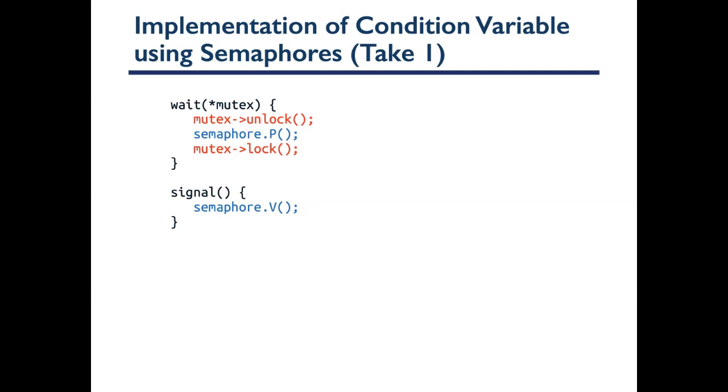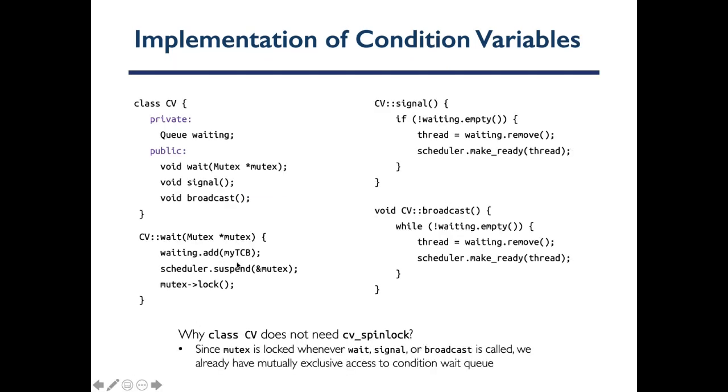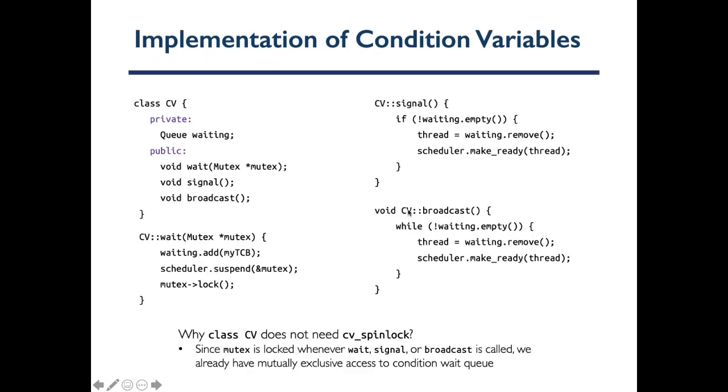I just explained, right? In this context, whenever you call wait, whenever you call signal, whenever you call broadcast, you have to hold the mutex.